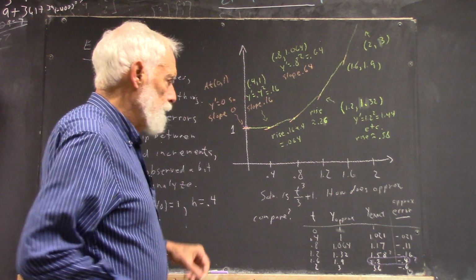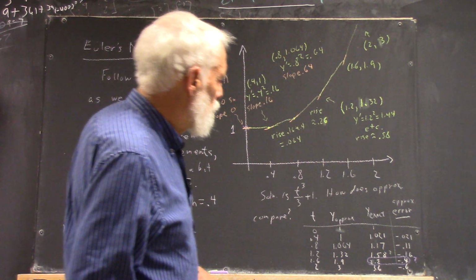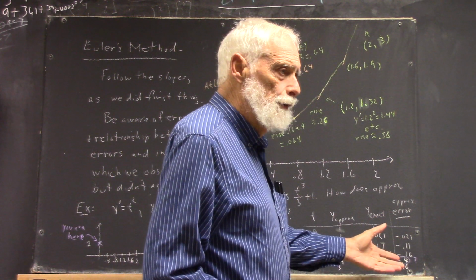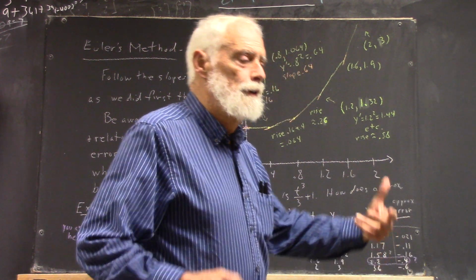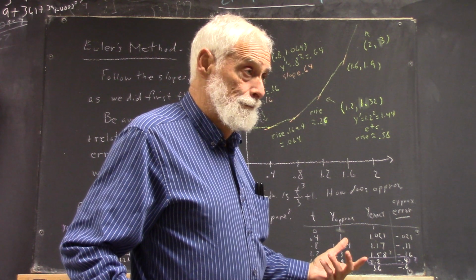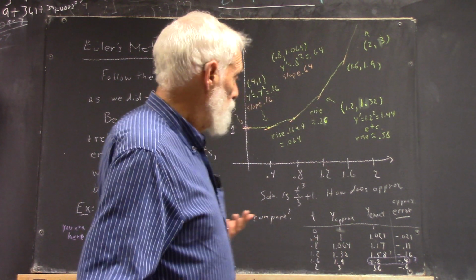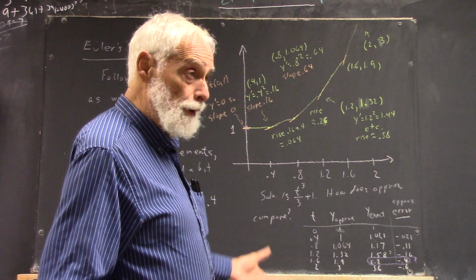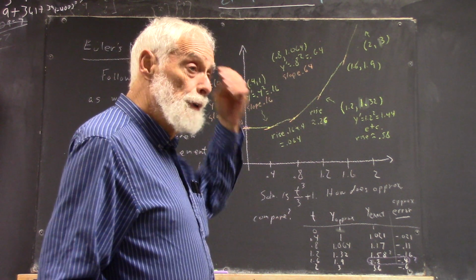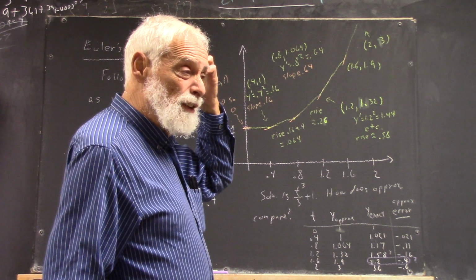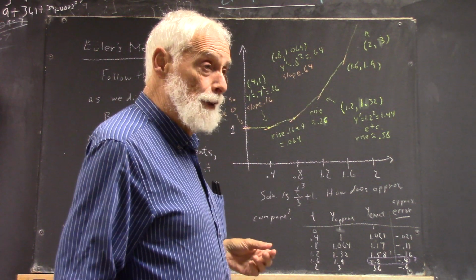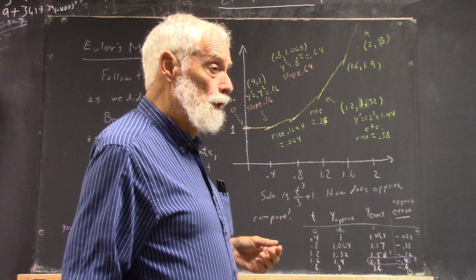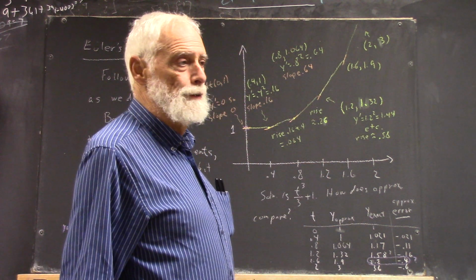Now, the next question is, what happens to the way these errors grow if you go to a smaller increment? Okay? So we cut the increment in half to 0.2, we could do the whole thing again. And doing it by hand wouldn't be that tedious. Go down to 0.1, I wouldn't ask you to do that many steps. Even for homework, it'd just be tedious, busy work.